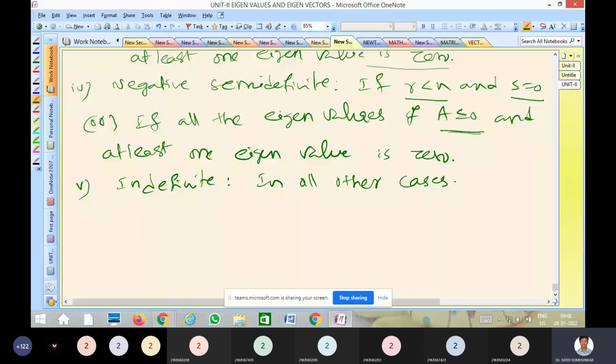In that case, there is no positive or negative definiteness, nor positive semi-definite or negative semi-definite. Some of them are positive and some are negative, so you can check it as indefinite. Some of them are positive, some negative, and some zero. In that case, this also comes under indefinite only. Okay, so this is about the nature of quadratic form here.